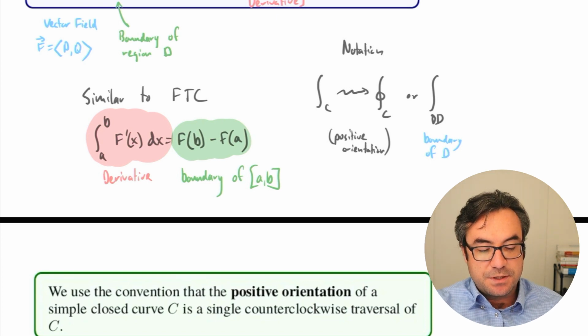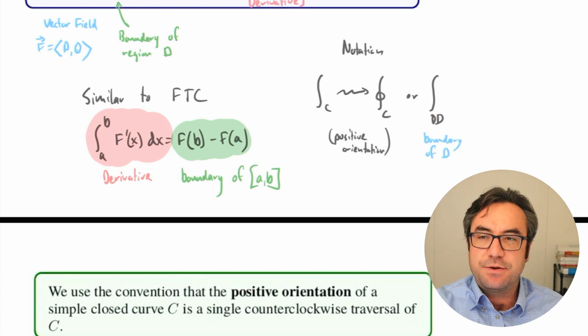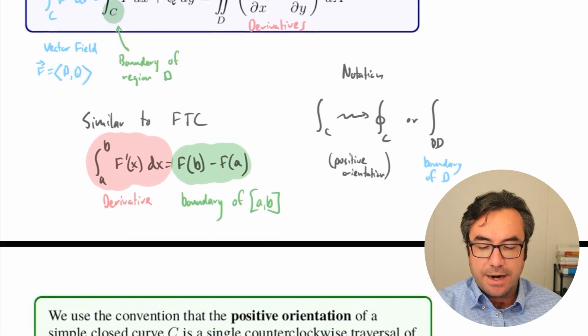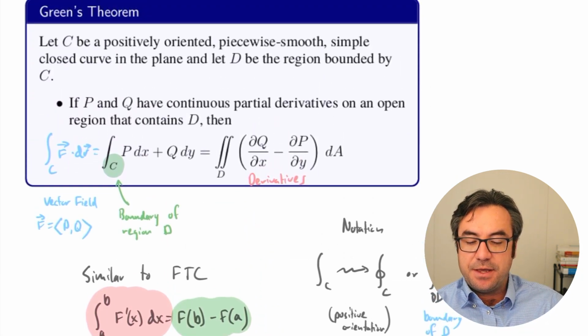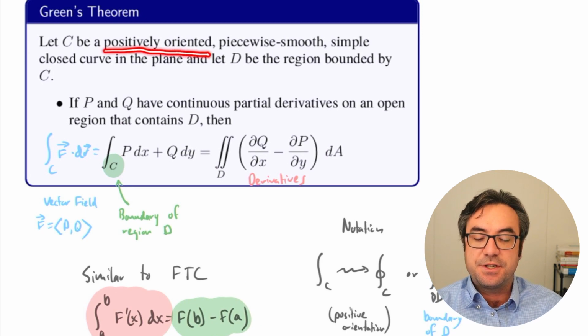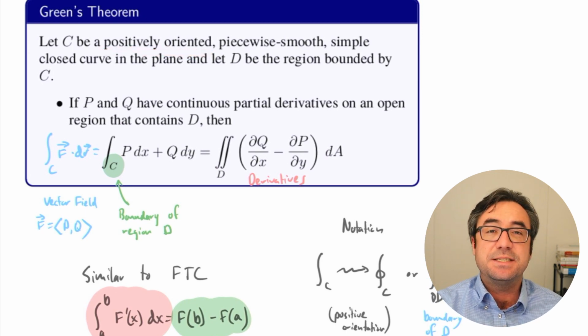So we use this little del to indicate the boundary of region D. All right, so we'll put this to work in a second, but let's just look at the requirements for this theorem. C has to be positively oriented, so we'll see what that means in a second.